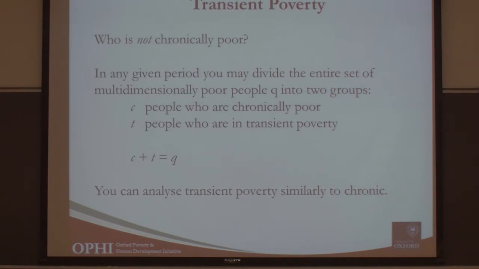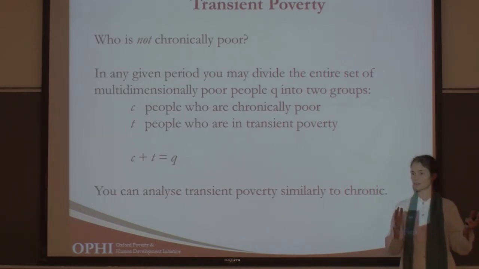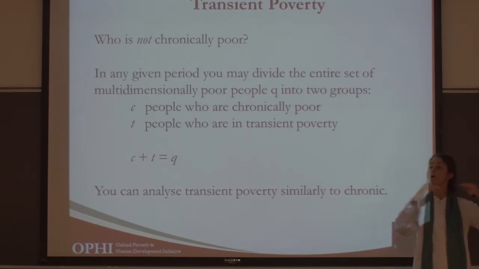Who are they? It can be very useful and intuitive to construct two sets of people who are mutually exhaustive, which doesn't mean that they're tired. It means that together they add up to the whole population of poor people. Call one transient poor and one chronic poor.